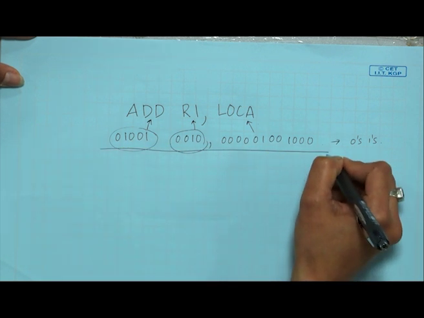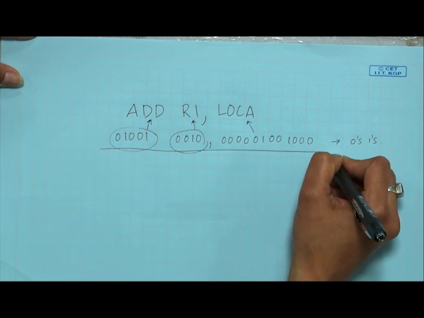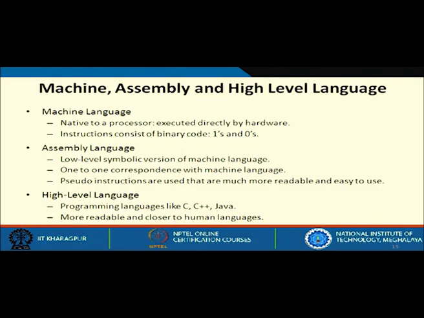This particular way of representation is called machine language, which is native to the processor, executed directly by hardware. You need not perform any other step, you can directly execute this particular instruction.